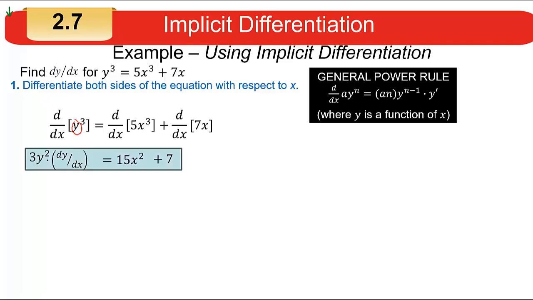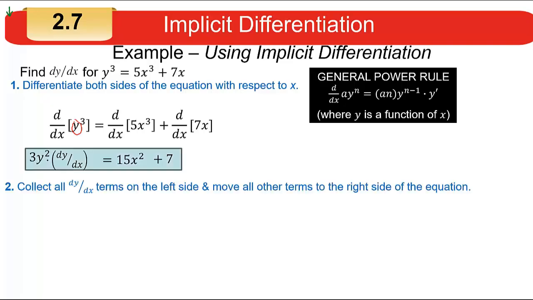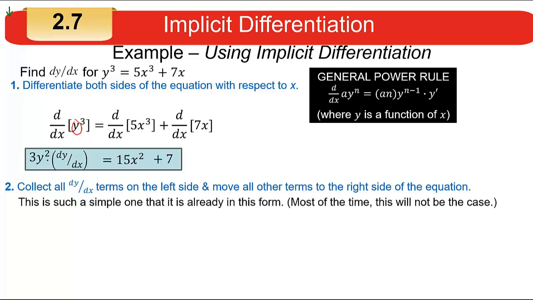Now the second step is to take that equation and collect all the dy over dx terms, the terms that have dy over dx in it, on the left side of the equation and move everything else to the right side. Well, this is such a simple problem that it's already done that way. There's only one term that has dy over dx in it, and it is already on the left side by itself.